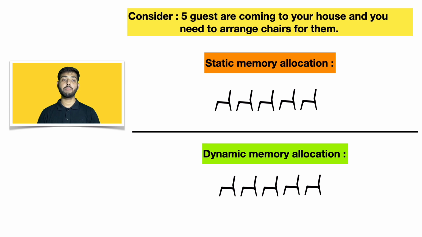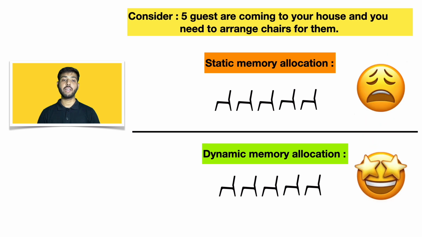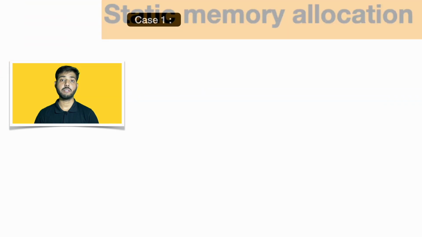While using static memory allocation, you must know the total space you need, which is definitely an overhead. But with dynamic memory allocation, if you need the memory, it will be allocated to you. That's simply straightforward. Now consider two cases. Case 1, when all the 5 guests come to your house.